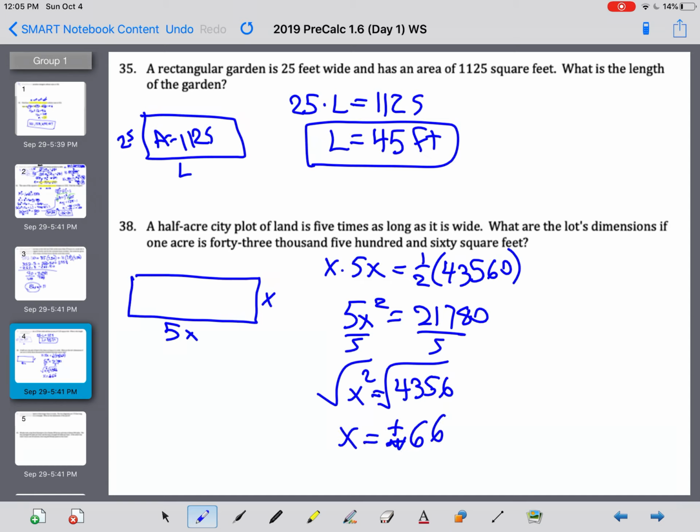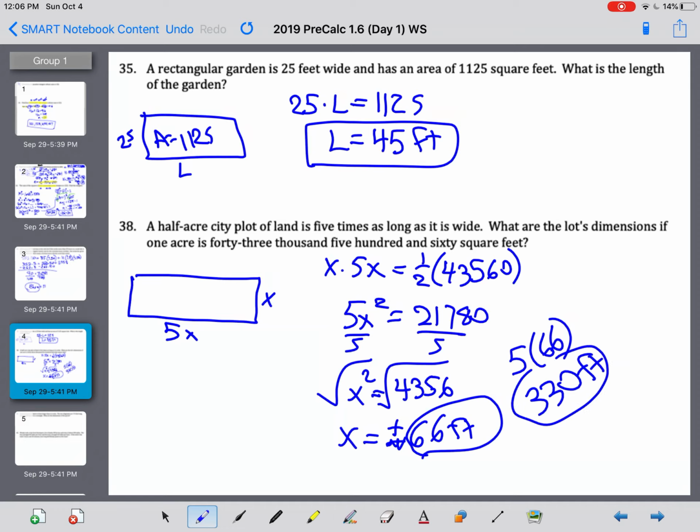Can't have a negative for the length of a side of a rectangle. So we're going to have 66 feet for one dimension. And if I go ahead and take 5 times 66, that's going to be 330 feet for the other dimension. So those are my two dimensions.